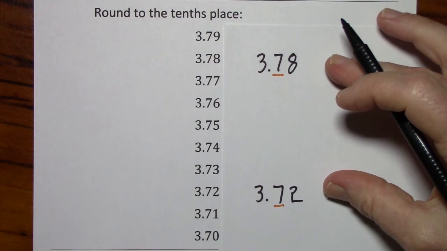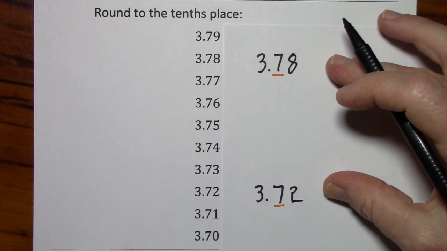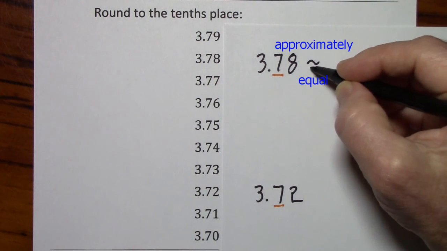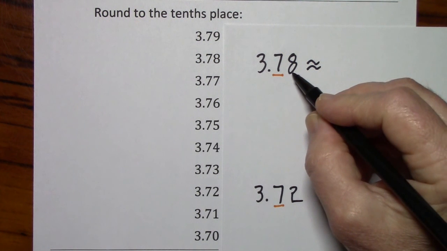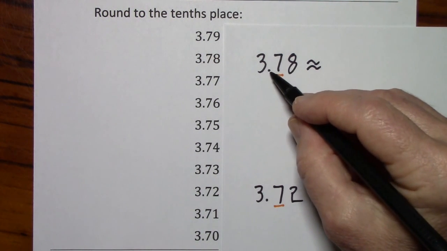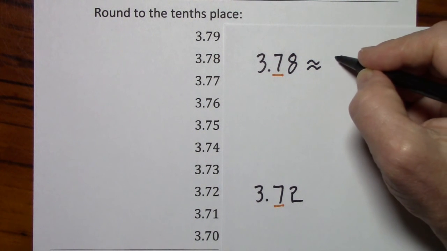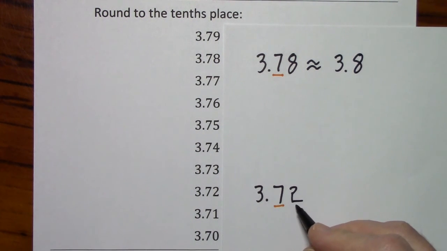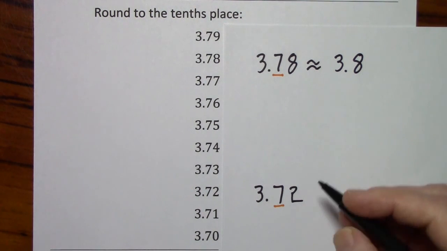Of these two numbers, one of them we're going to round up and one we're going to round down. Because 8 is pretty large, we round up. So this becomes 3.8. Because 2 is pretty small, we round down, so this becomes 3.7.